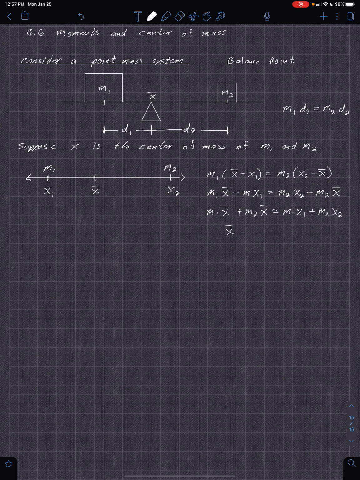Factor and divide, and x bar is equal to basically the sum of m1 x1 plus m2 x2 over the sum of the masses.